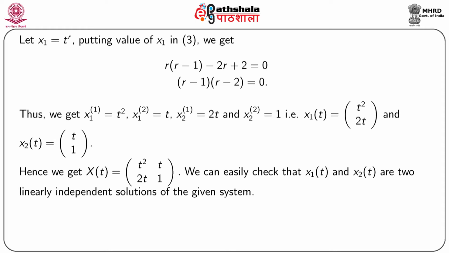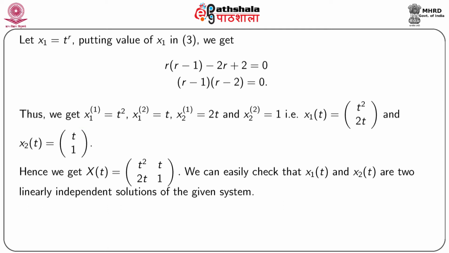That is, the value of r is 1 and 2, and therefore we get x11 equal to t square, x12 equal to t, x21 equal to 2t and x22 equal to 1.